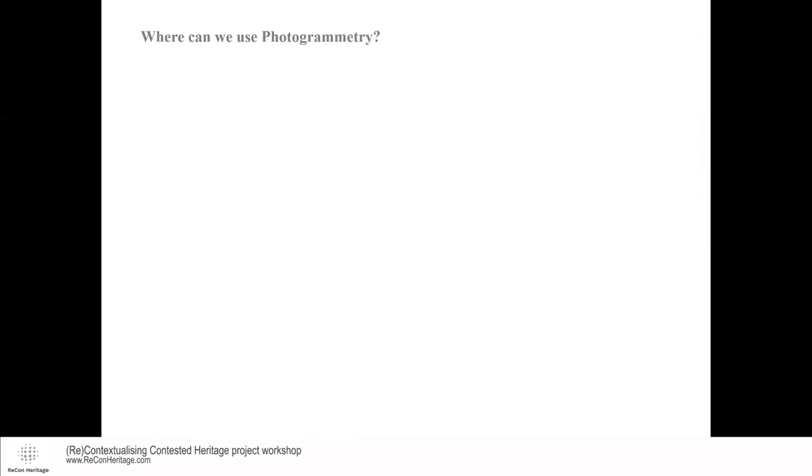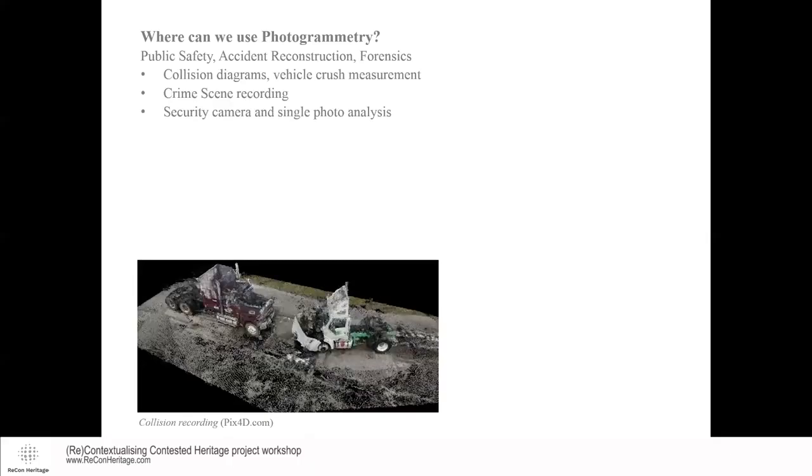So where's photogrammetry used? Its strength really is the fact that the collection of the data can be very simple. You only need a camera, and that camera therefore is a quite quick way of collecting data. Therefore, it's really good for things like forensic examination of scenes, whether that's a crime scene or a car accident or a collision.